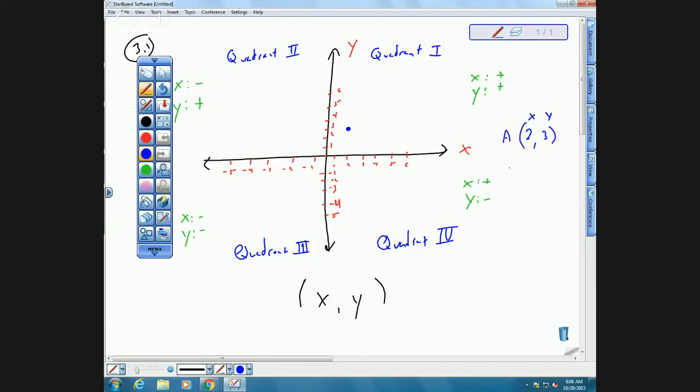We'll call that point A. So if I had -3, -2, I'd go to X's first. So I go to -3 and then down to -2, and that would give me point B. Okay. Or if I had 4, -4, my X is 4, my Y is -4, so that would give me this point right here.